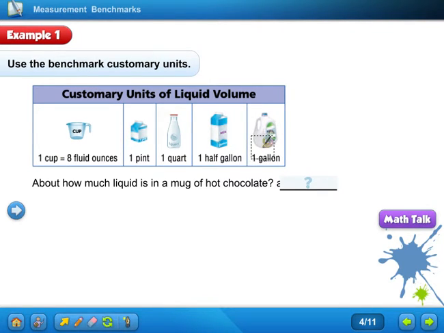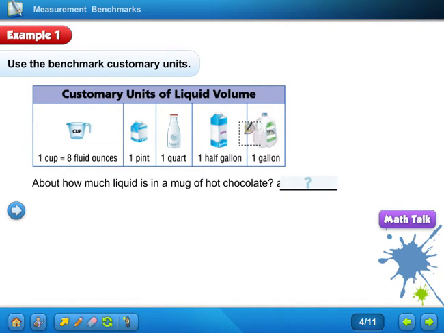Rule out ones that you don't think it could be. Like if you don't think it could be a gallon, a coffee mug, do you think that's what your hot chocolate would go in? Would that be a gallon? Mm-mm. Would it be half of a gallon? A half gallon? So now you're left with 3.